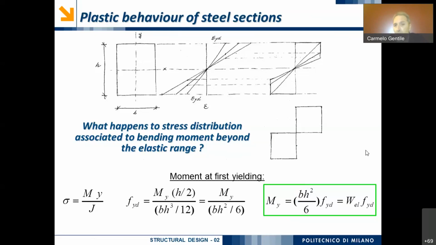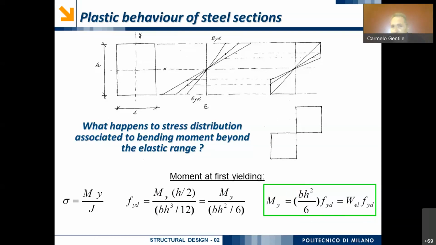So basically, we can easily define the moment at first yielding, or MY, as the product of the stress at yielding times BH square over 6. This value has been defined as WL.